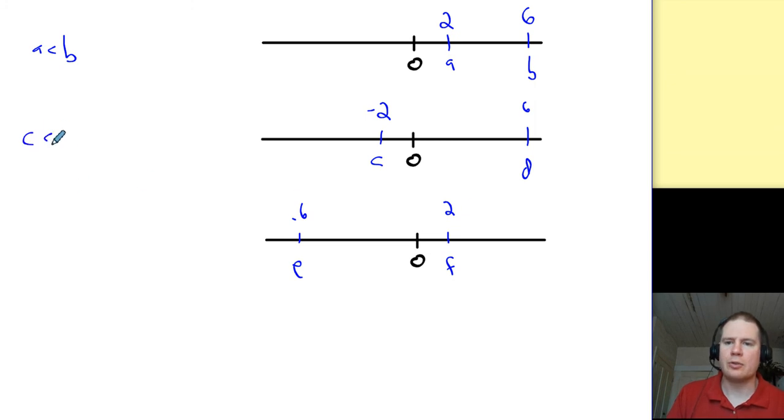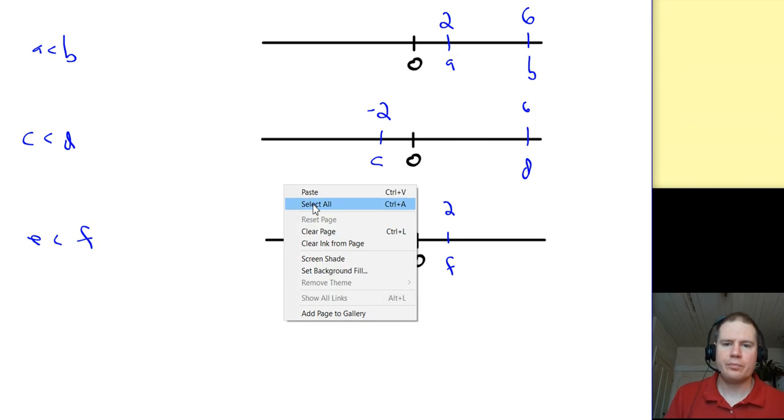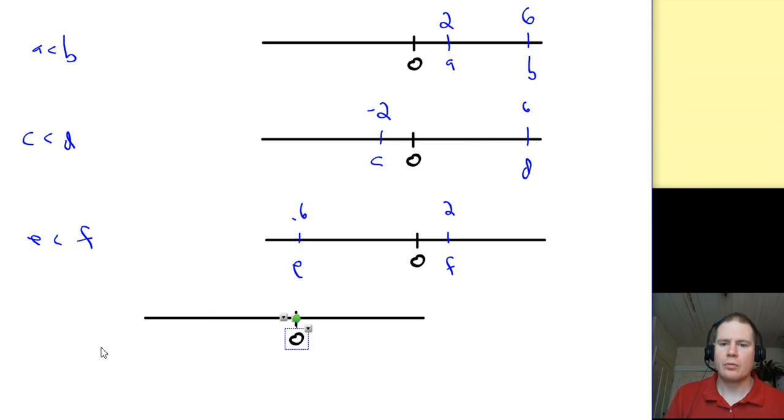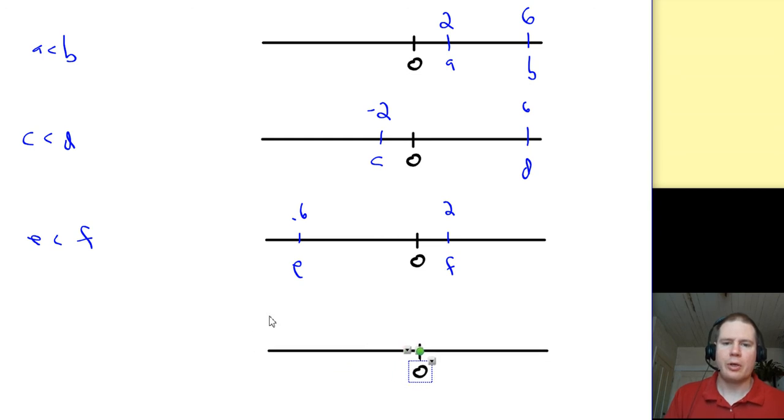So E is less than F. And we can even consider another scenario here where both of them are negative. So let's call those G and H, negative 6, negative 2.